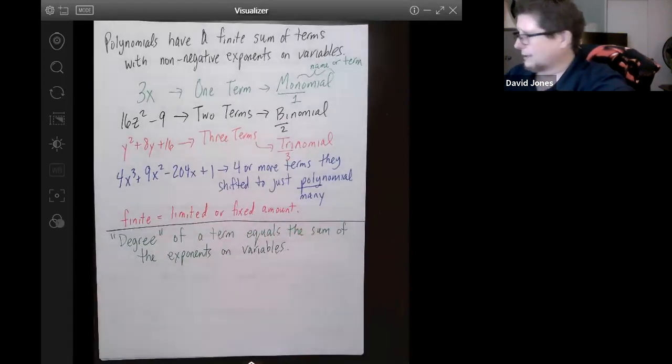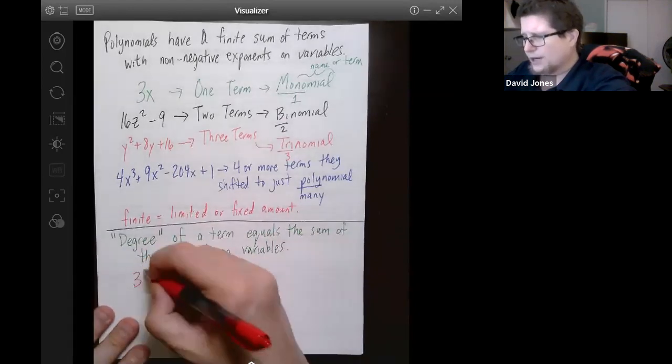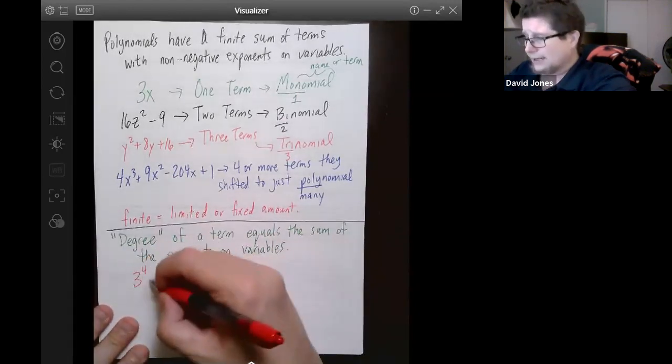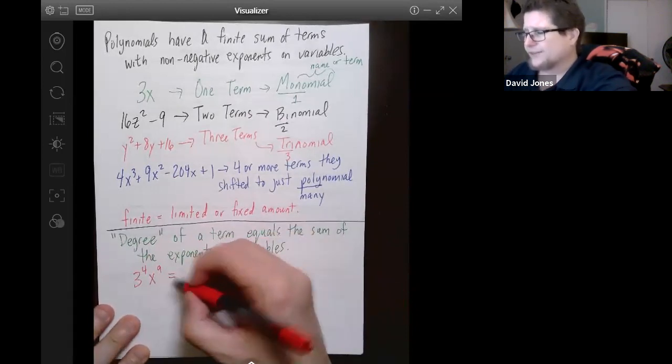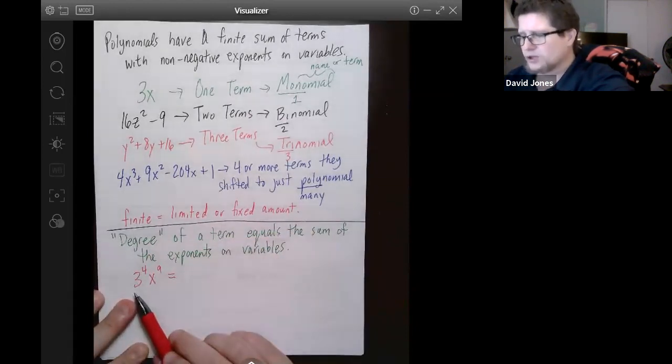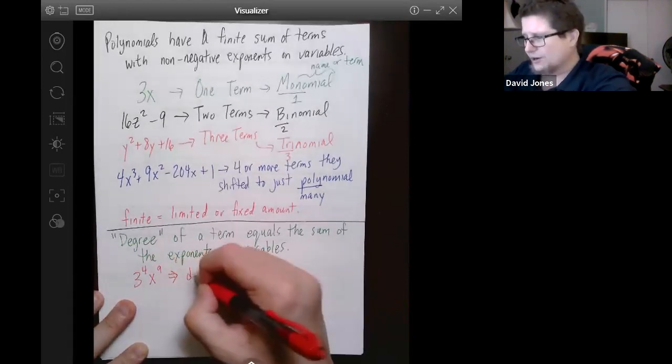So a little example here, I can have 3 to the 4th power, x to the 9th power. The 3 is not a variable, so we're going to ignore the 4. The degree here equals 9.